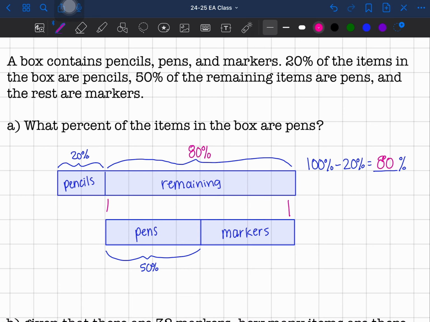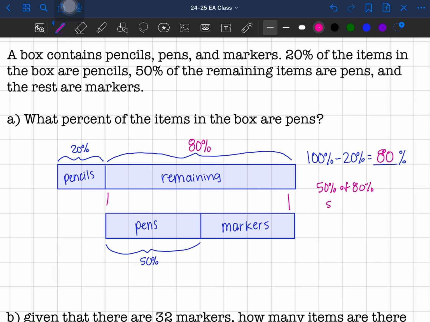So 80% of our box is pens and markers. And we know that 50% of the 80% are pens. And if it's 50%, then the other 50% are markers. So 50% of 80% is 50 over 100 times 80, which equals 40.